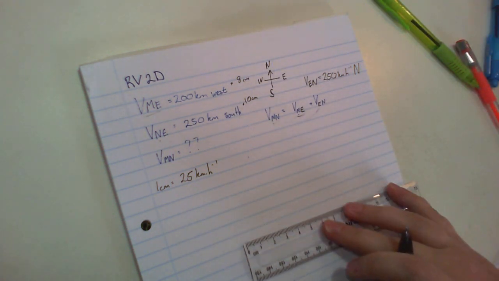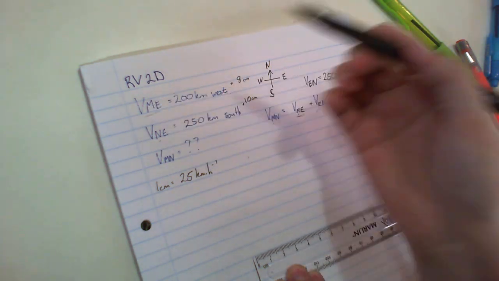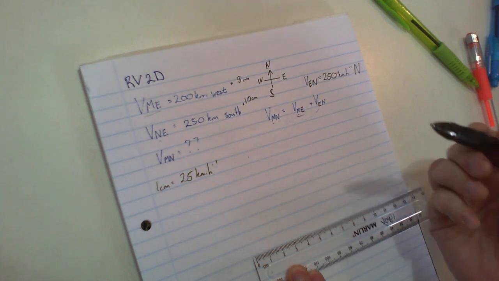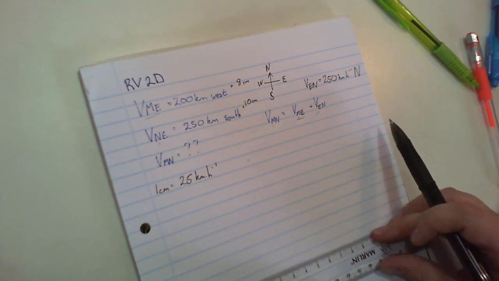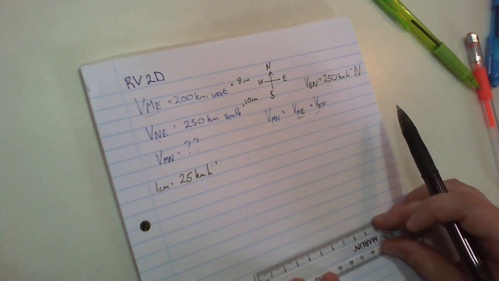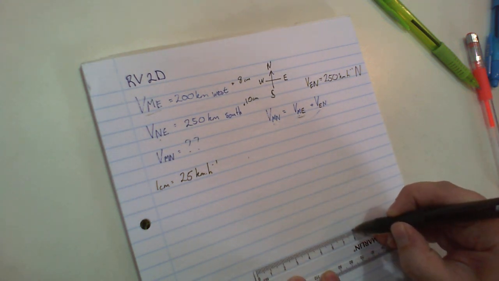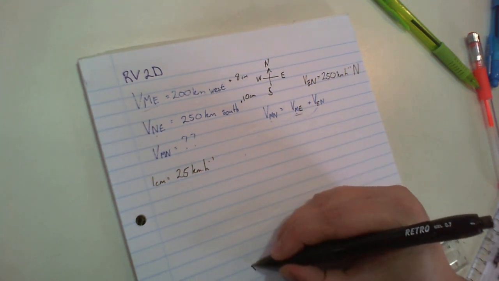So first of all, velocity of M relative to the Earth is straightforward, it's west. So which way is west? That way on our piece of paper. And that is how many centimeters? 8. Perfect. So take your sharp pencil, not pen, I just use pen for the video, but please use a pencil. And there is our one vector.